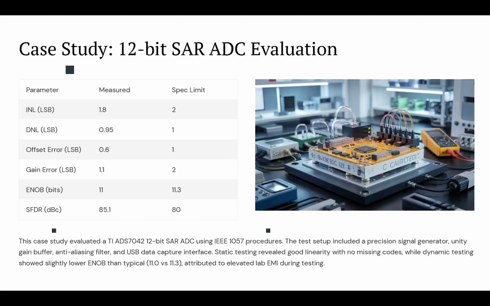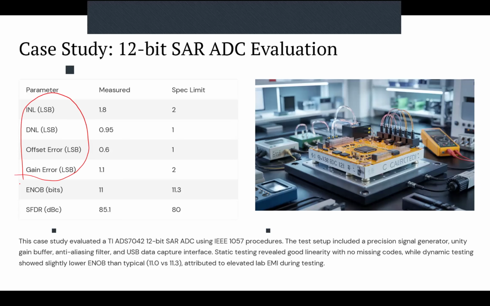But we chose the parameters based on our own application. As you can see, in a static test we chose these four parameters, and in dynamic test we chose these two parameters.